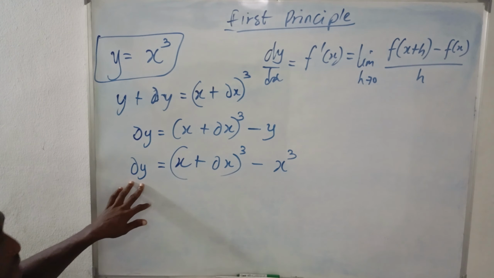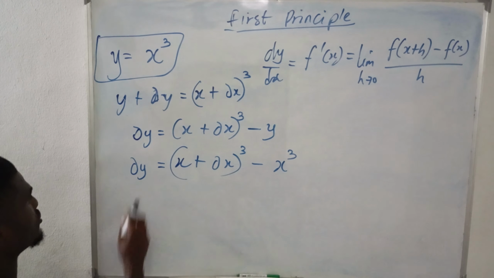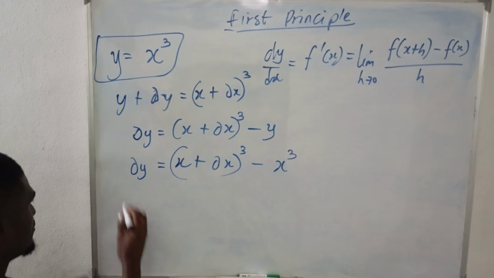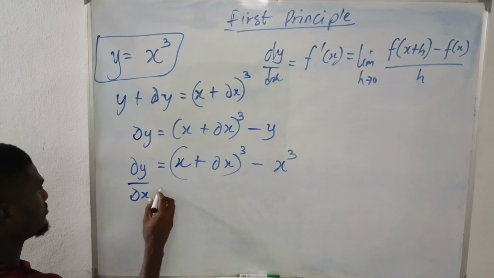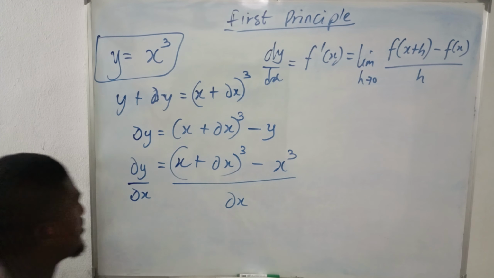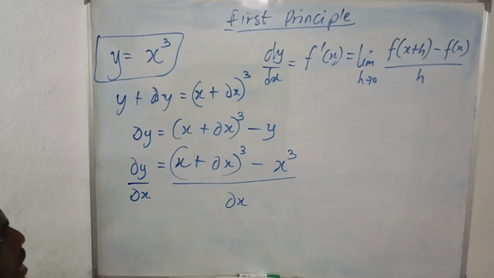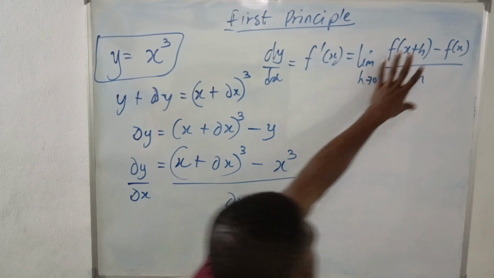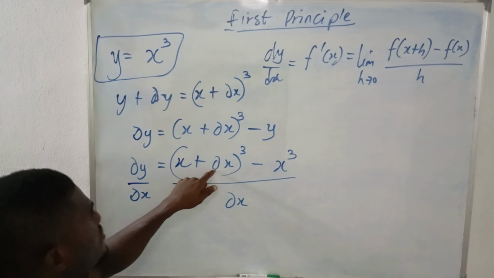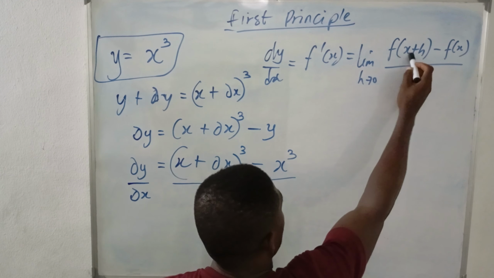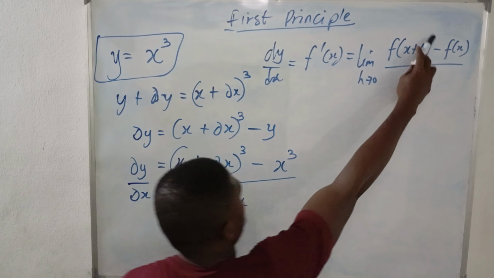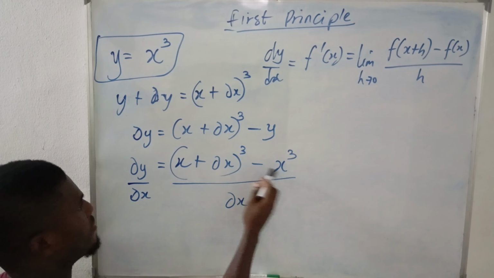Now that you've gotten your dy, the next step is to divide dy by dx such that you now have dy/dx. So you do the same thing to this side, dx. How does this represent the formula? Here you have your x plus dx, which is the same thing as x plus h. And since the function has a power of 3, you make it the power of 3 here, minus f of x.